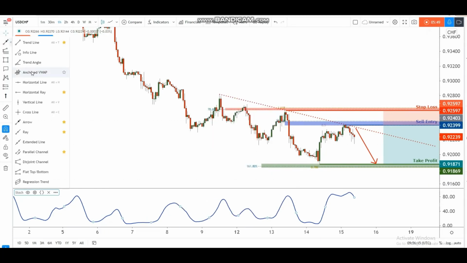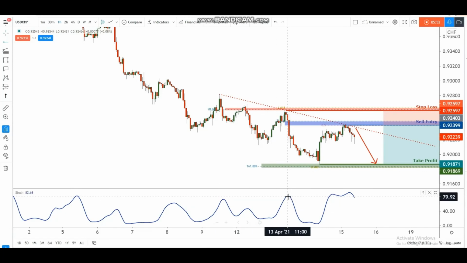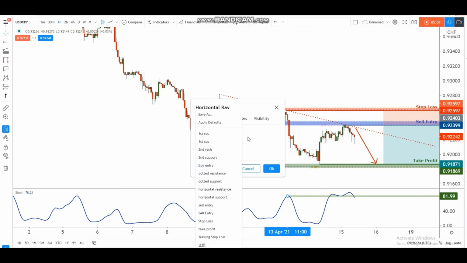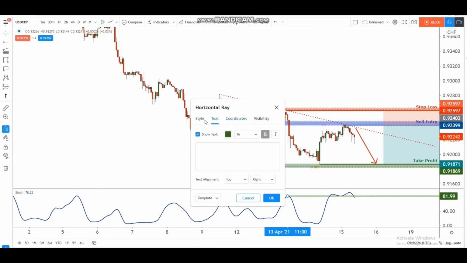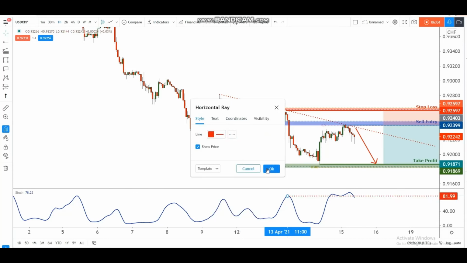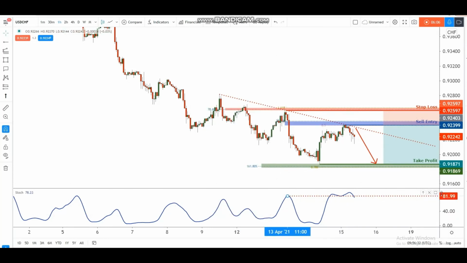If I open up a horizontal ray, you can see that it is facing resistance from this 81.99 level, and there is a probability that it will push down further towards a support level, just like how price will push down further, which is in line with our analysis.